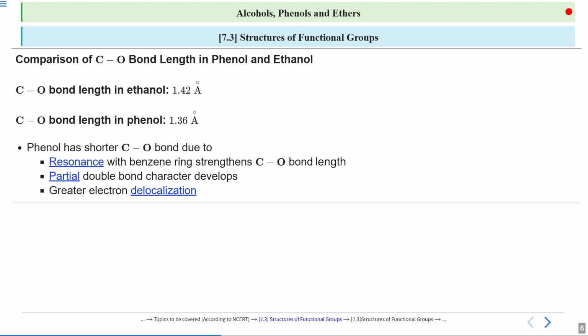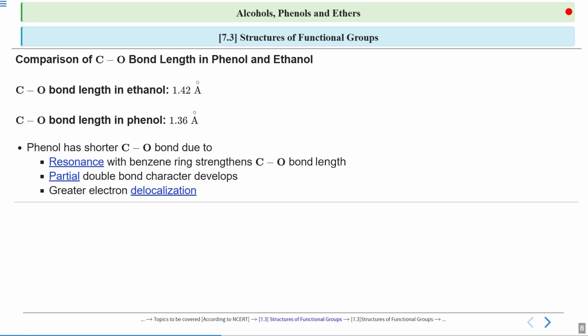And the third factor is greater electron delocalization. Phenol will show greater electron delocalization. The p orbitals in phenol undergo delocalization, which contributes to the shorter CO bond length of phenol.